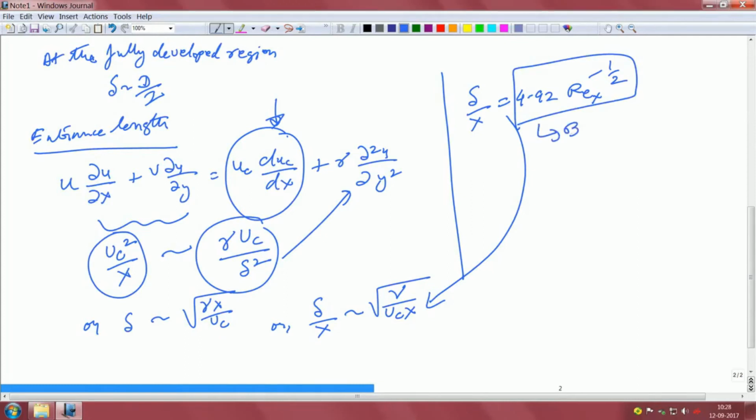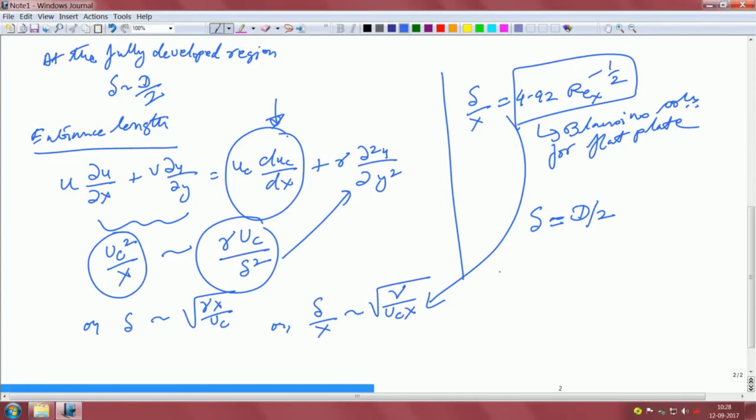So, this is of course not strictly applicable, but we are going to take a leap of faith and use it over here. This is the Blasius solution for flat plate. Now, in addition to that, we apply one more equation, that delta is equal to d by 2 at the point where the entrance length ends.